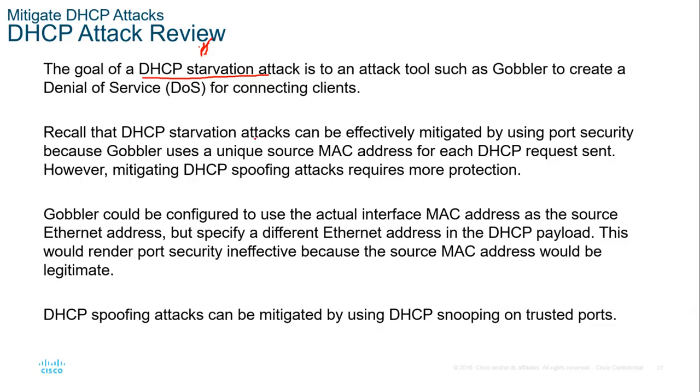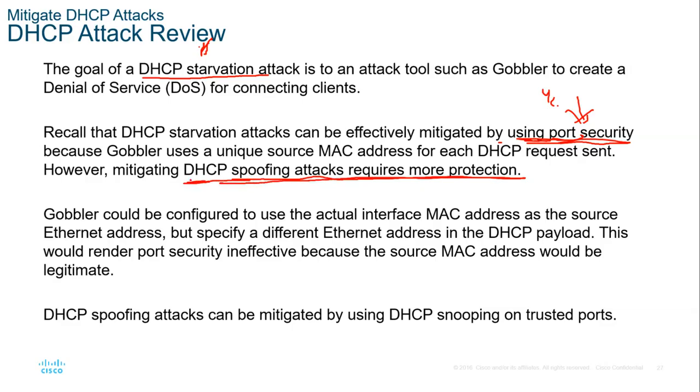Recall the DHCP starvation attack can be effectively mitigated by using port security. So you see now that port security is going to cut across all the services. With port security, you can limit how many MAC addresses should be allowed on that port. However, mitigating DHCP spoofing attack requires more protection.